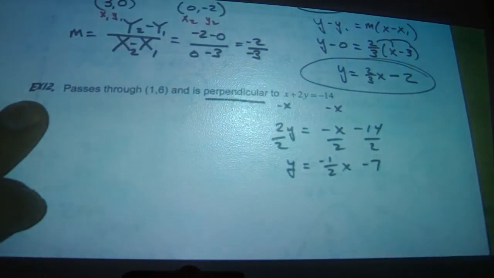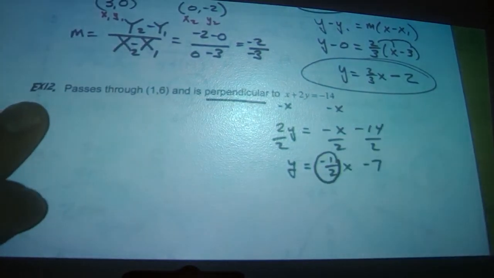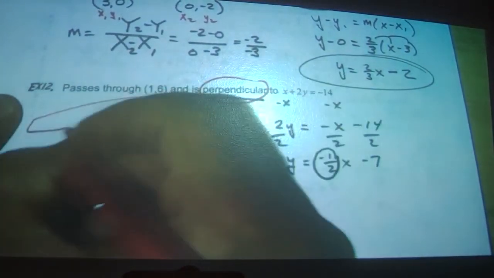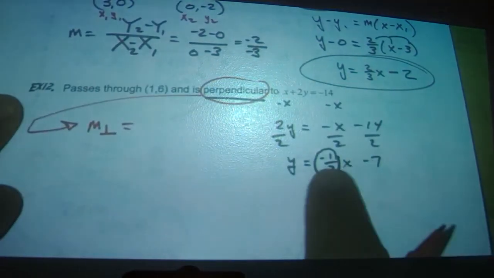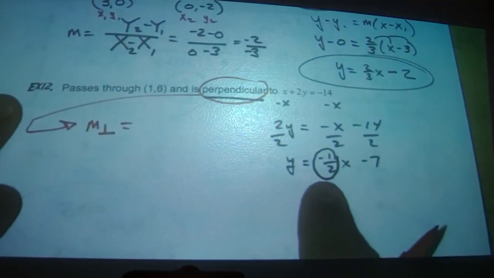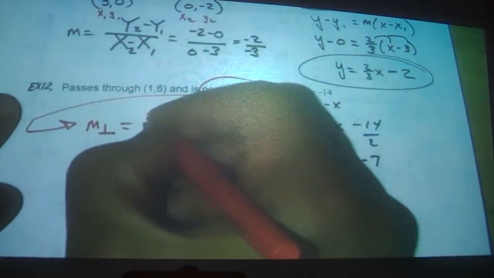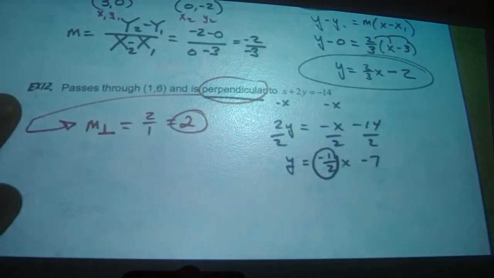Okay? The reason I did that is so I can pick out his slope. His slope is -1/2, but that is not the slope I want. The slope that I want is the perpendicular slope. So we need to flip that guy, we need to switch that guy. So take -1/2, flip it, 2/1, positive, or just 2. Okay?